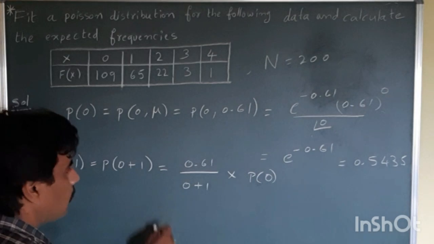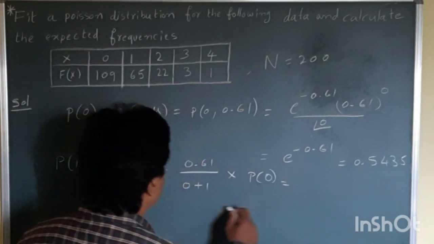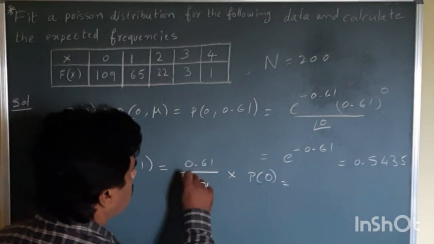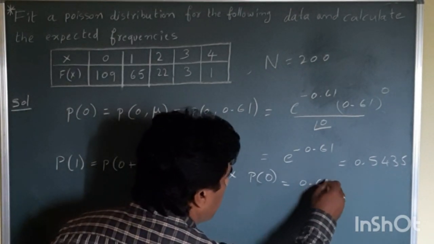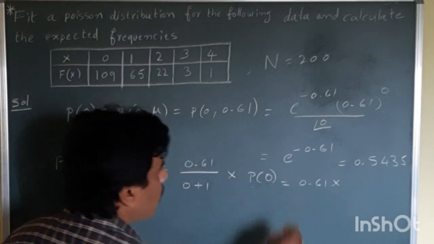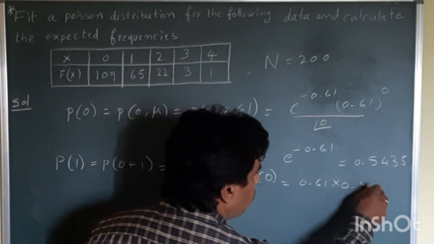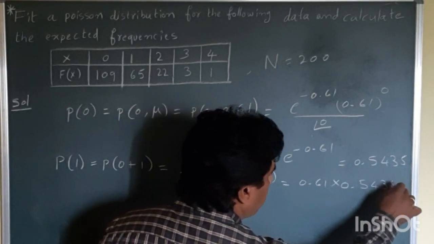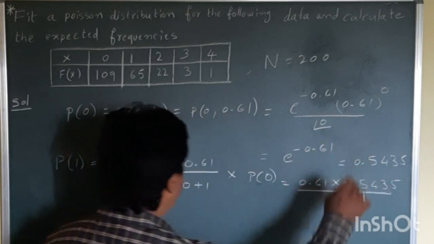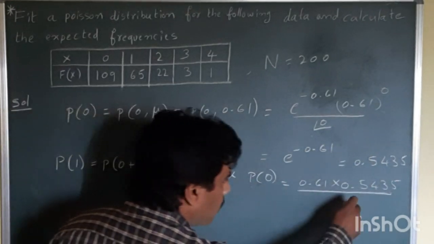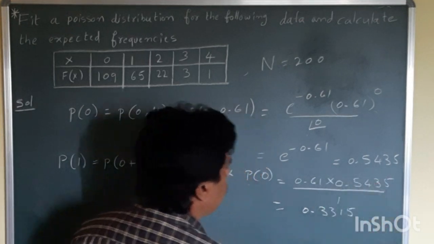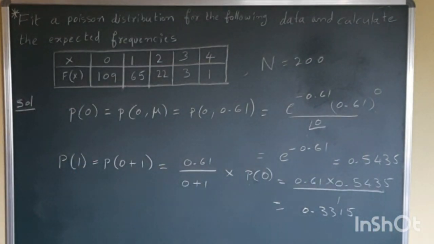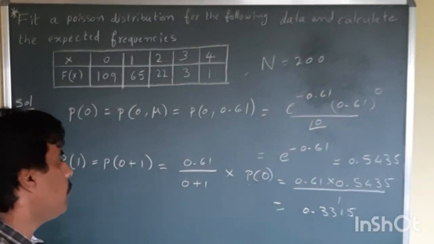So it is 0.61 into the P of 0 value 0.5435 whole by 1. On computing, we get 0.3315.